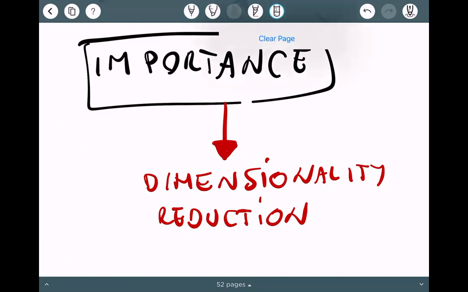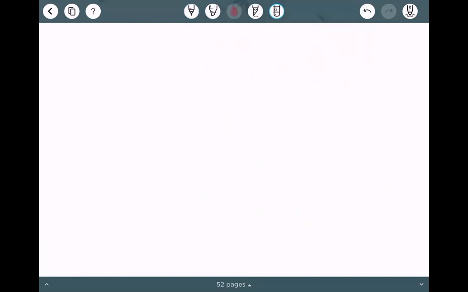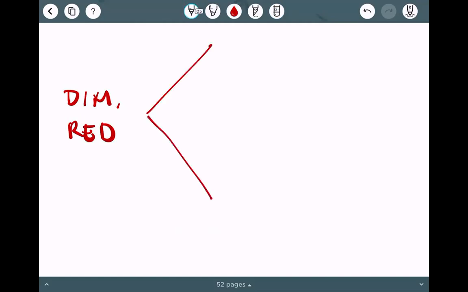In the following few lectures, I will discuss dimensionality reduction, and I will follow two main avenues.